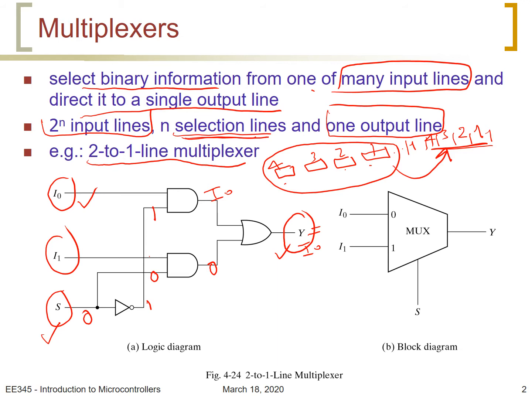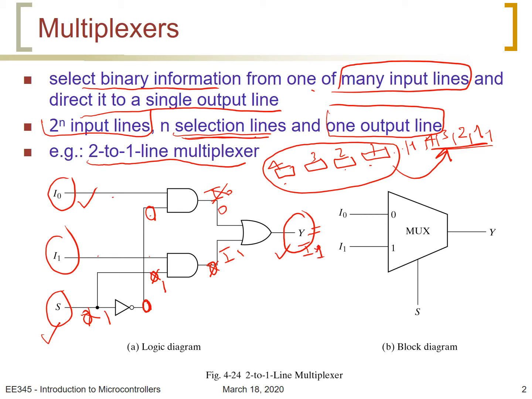And vice versa, if S is 1, this will be 0 here, and this will be 1. 1 and I1 will be I1, 0 and I0 will be 0, and Y will be equal to I1.